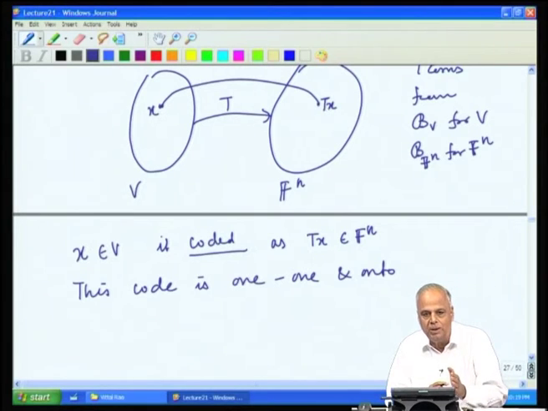All the statements in V can now be translated to statements of F^n by translating every vector x to its corresponding code in F^n. Now, this translation is actually transliteration, because every word gets translated to a unique meaning, every vector gets translated to a unique meaning in F^n.